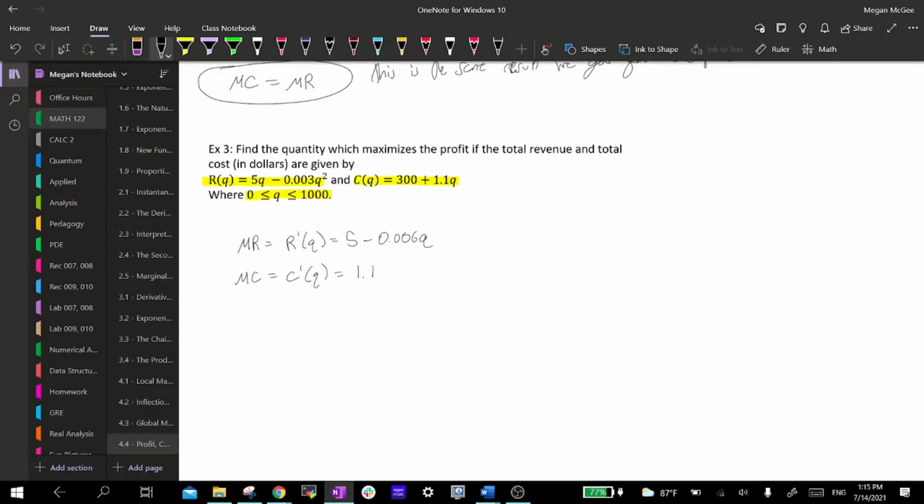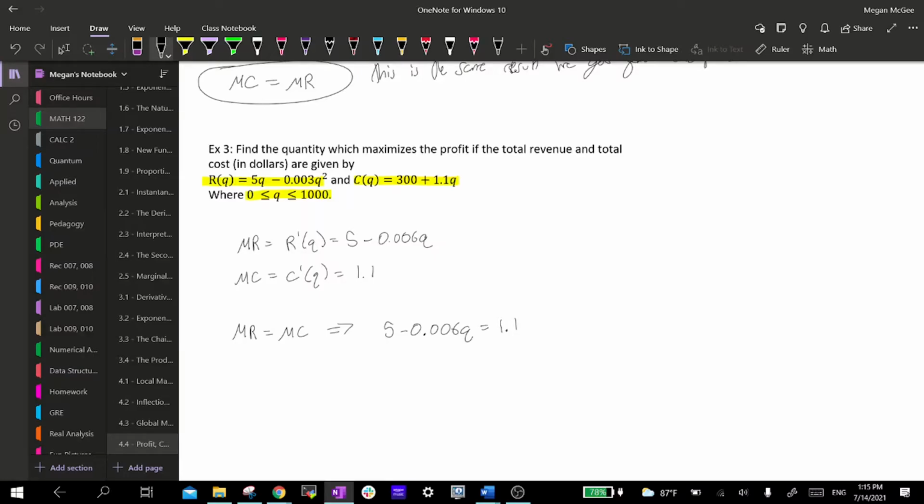Alright, and we just learned that we could set these two equal to each other to find our possible points for our max profit. So if we set marginal revenue equal to marginal cost, this is going to give us 5 minus 0.006q is equal to 1.1.